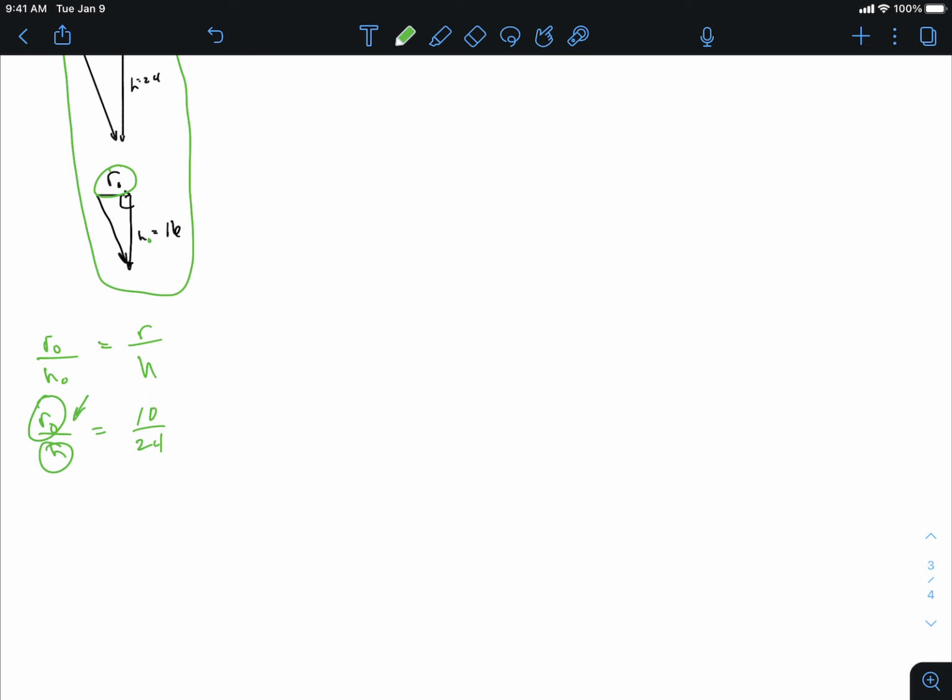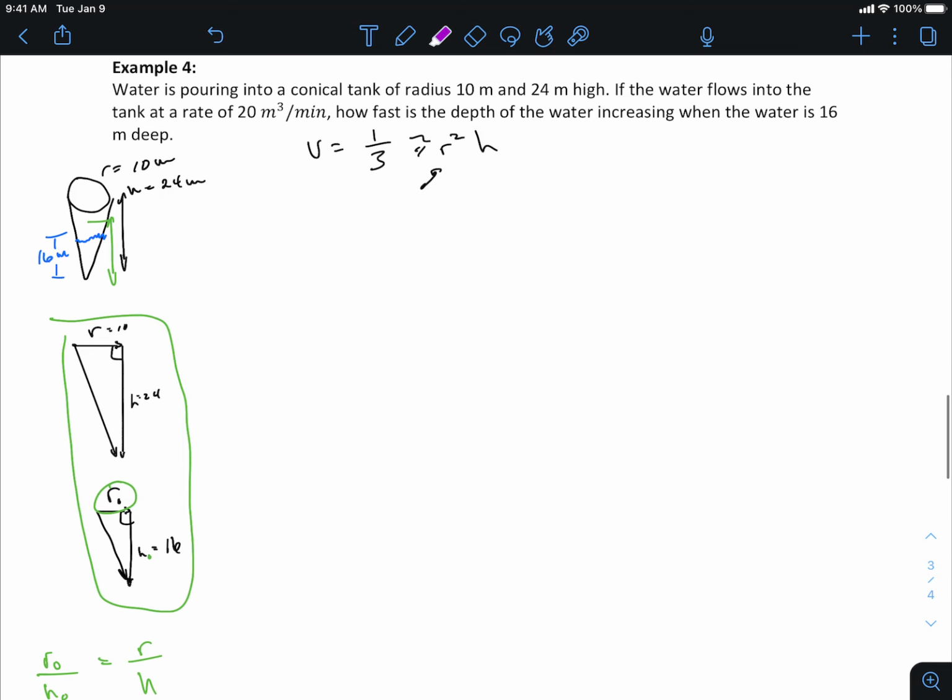R naught is going to equal 10H over 24. This allows us to find what the radius would be for any particular height of water level. Hopefully you guys can see that. We can use this and plug it in here.